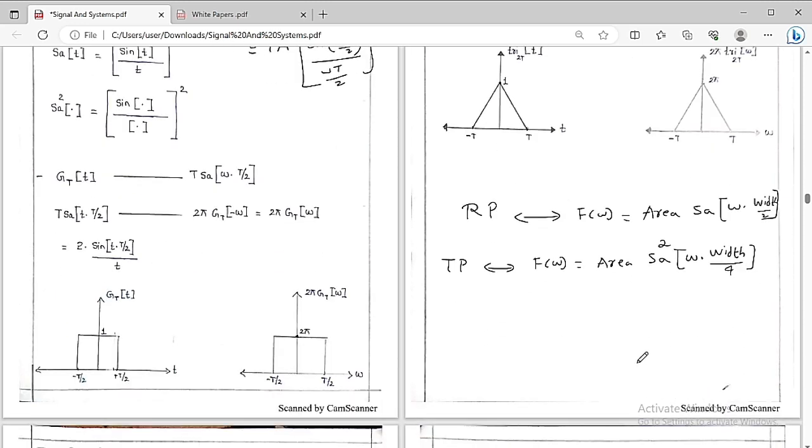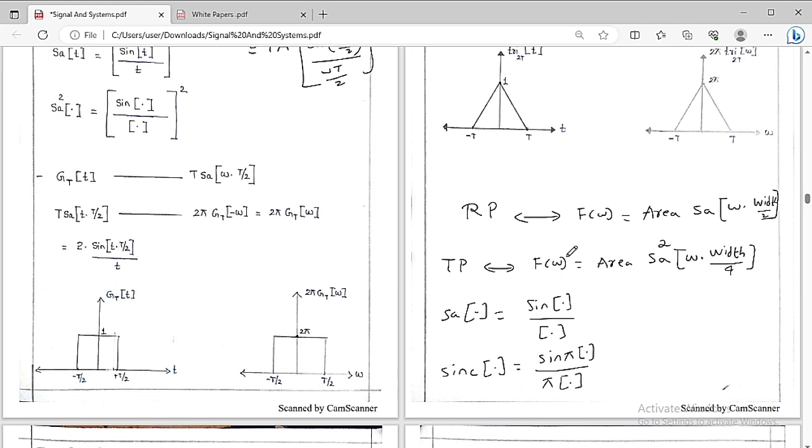And I have already told you what sinc is. Sa of some dummy variable is equal to sine of that dummy variable by that dummy variable. And sinc of a dummy variable is nothing but sine pi into the dummy variable by pi into the dummy variable. So you have to remember these four things.